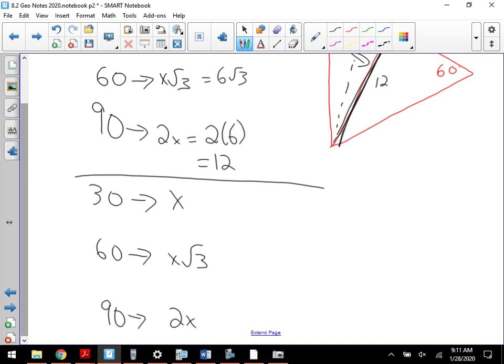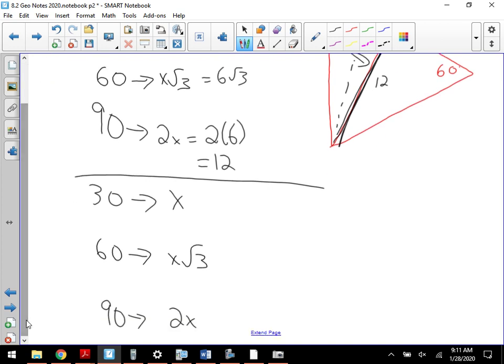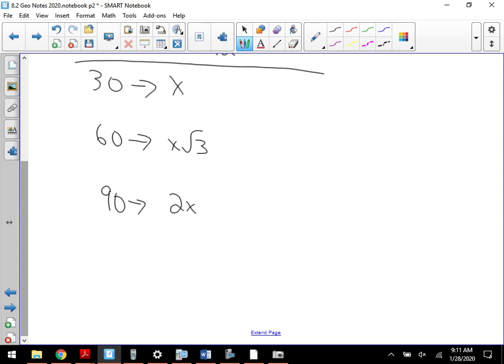Which angle are we across from now? 60. Good. So now in this new set of the algebra jig, as we called it, we know across from the 60 equals 12. So we should divide it? Correct. So now you're at something times the square root of 3 equals 12. Since you know across from the 60, you have to divide.